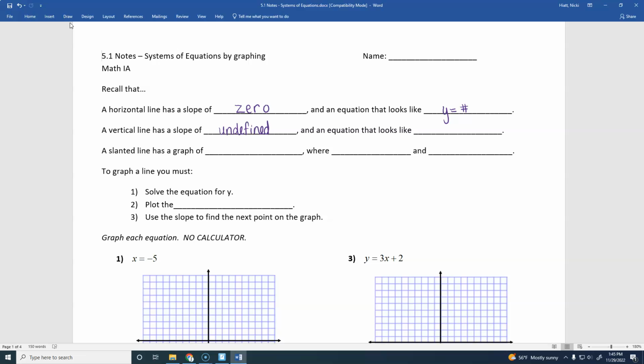Okay, an equation that looks like x equals a number. A slanted line has a graph of y equals mx plus b, where m equals slope and b equals y-intercept.